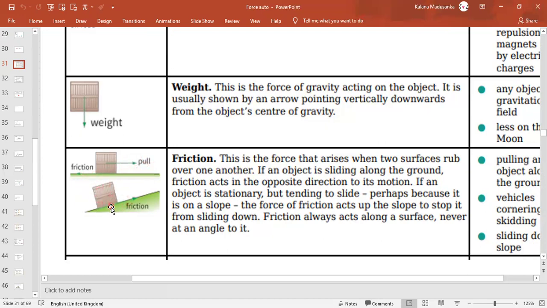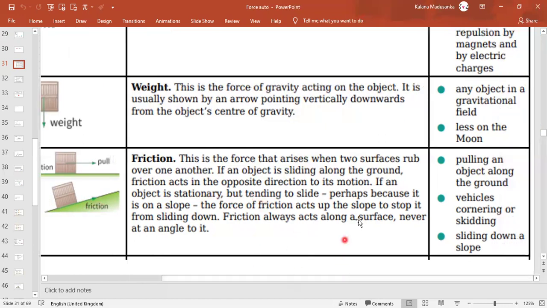You can see if you are moving an object in a slope situation, the object is pushing down and the friction is happening to the opposite side, right? The same can be seen in real scenarios when you are pulling an object along the ground, when vehicles are cornering, or sliding down a slope.